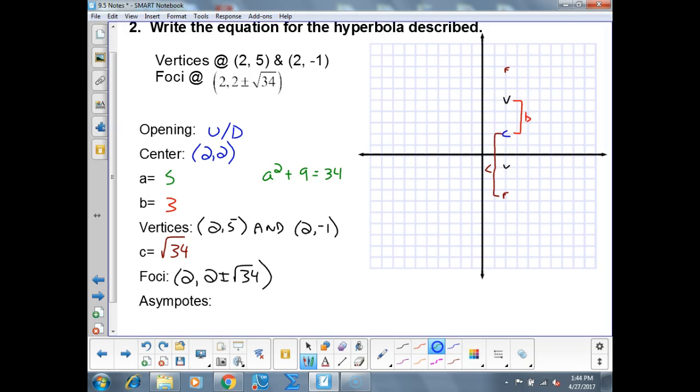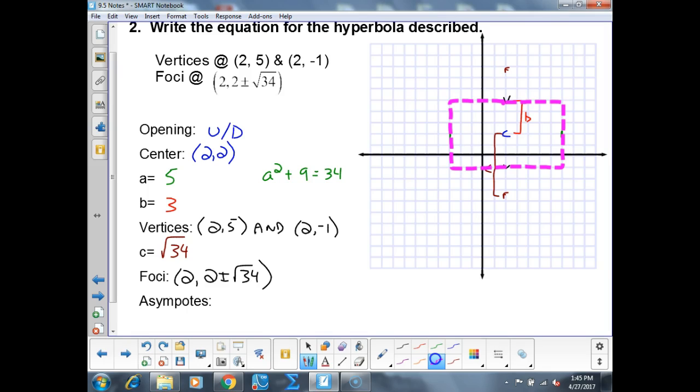So you get 5. a squared plus b squared equals c squared.